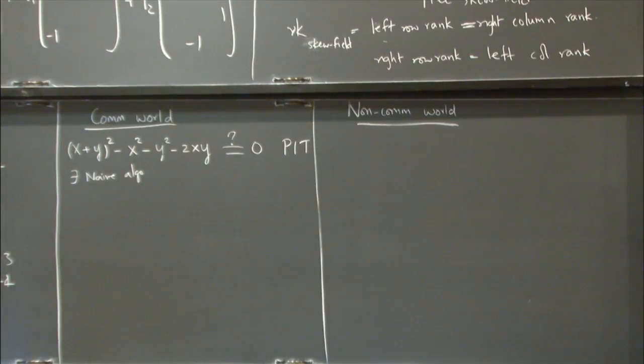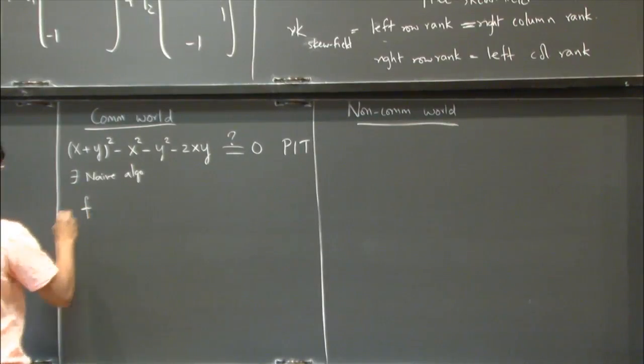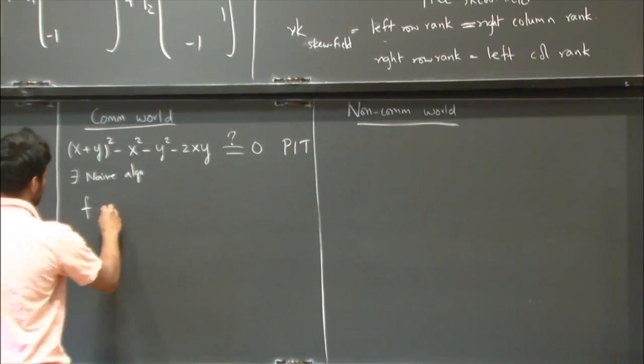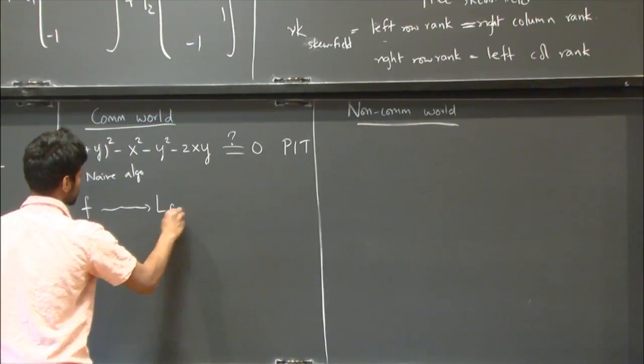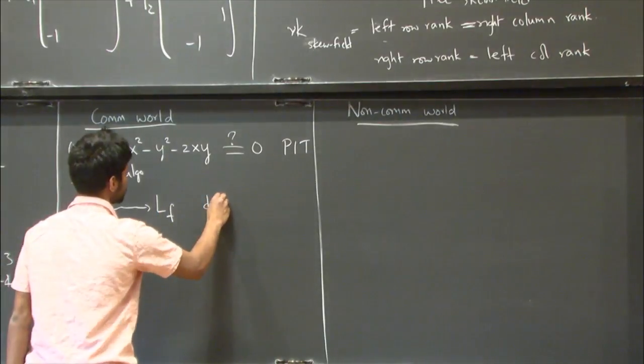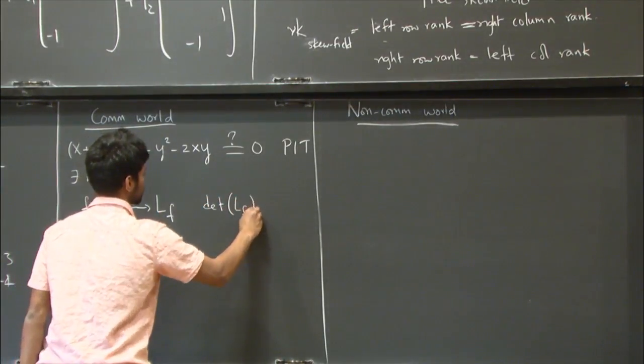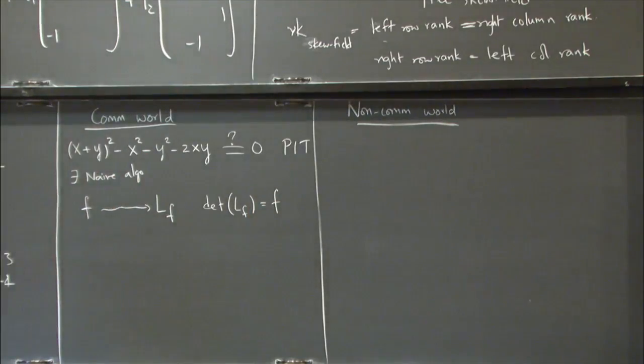Now, what does this have to do with linear matrices? If I give you any polynomial, you can construct a linear matrix so that the determinant of this linear matrix is your original polynomial. This is a construction that goes back to Valiant. And if I understand this correctly, and I'm not a great expert on this, this is really the beginning of VP versus VNP.